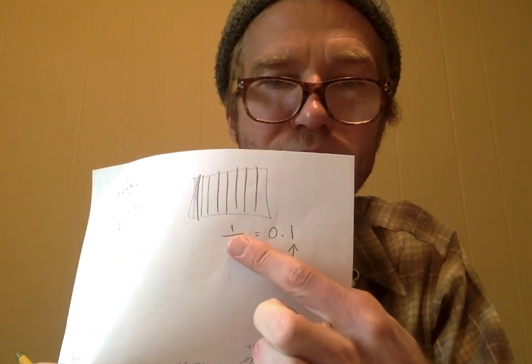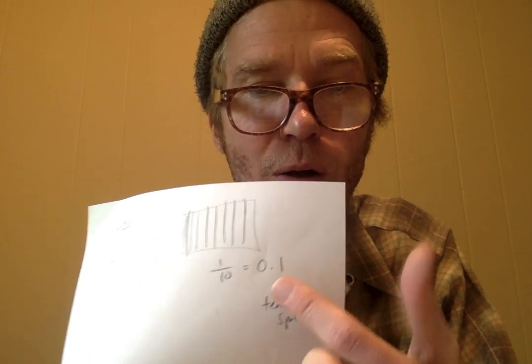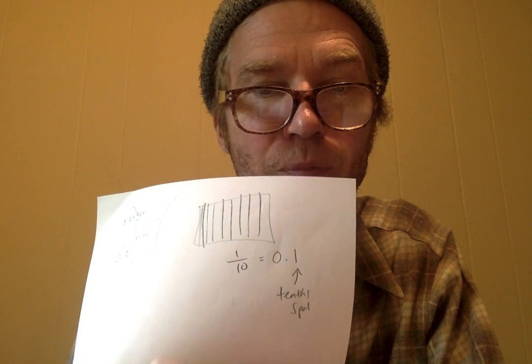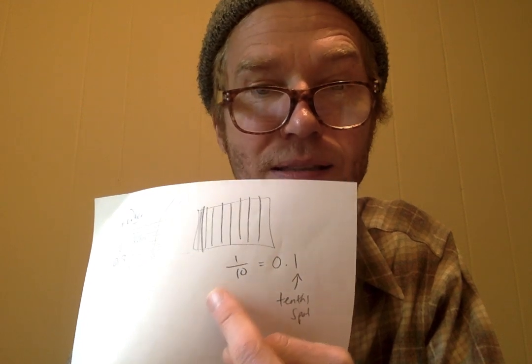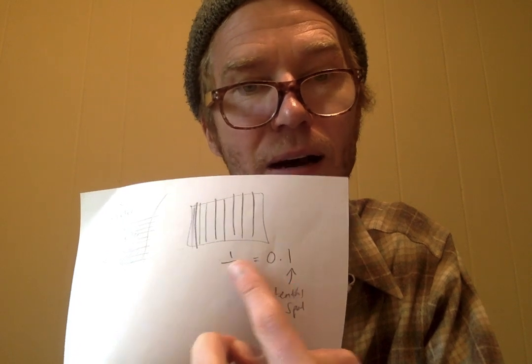It's going to equal 0.1. 1 is in the 10th spot. 1/10 is 0.1. How many tenths do we have? We've got 1. See? 1/10. If it said 7/10, how many tenths do we have? We have 7/10. You just look at what's in the 10th spot and then you put it in the 10th spot right there.